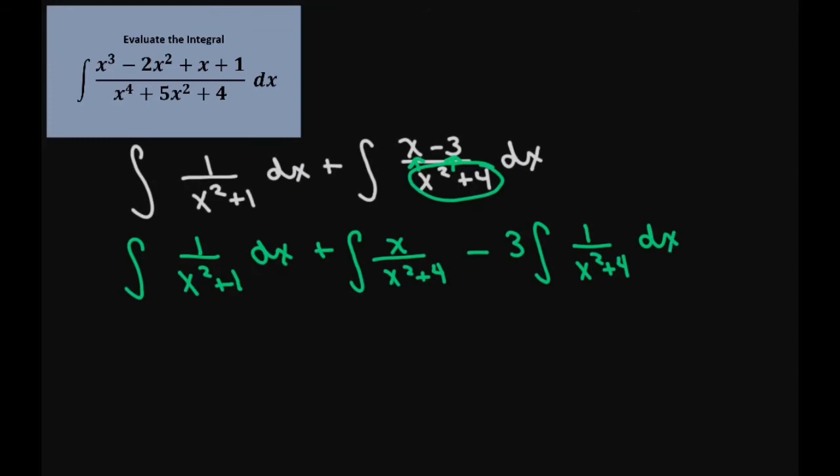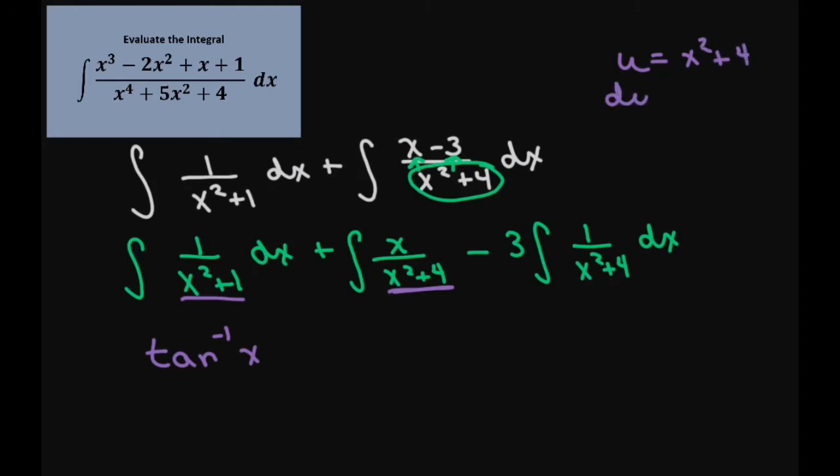All right, and then all we have to do is integrate this. So let's see what we get. This piece right here is just your inverse tan formula. So this is inverse tan of x. And then for this piece, remember you just let u equal x squared plus 4.